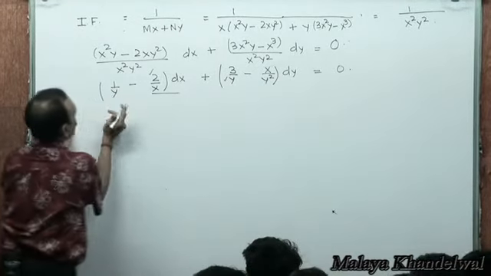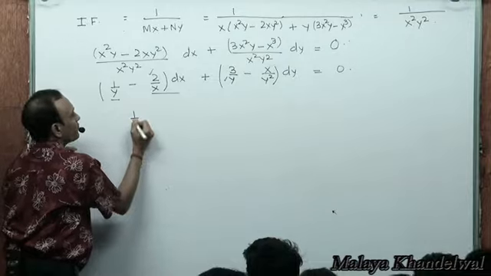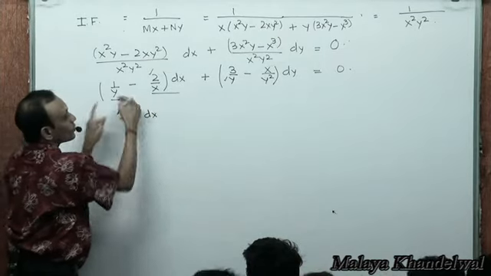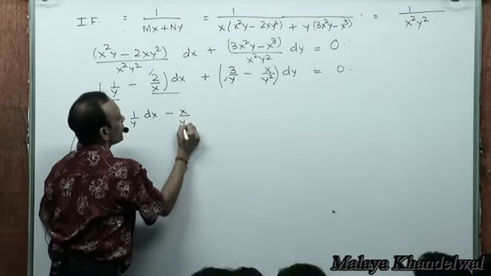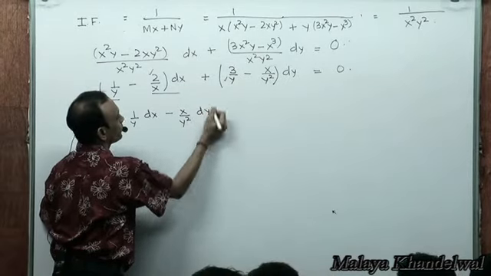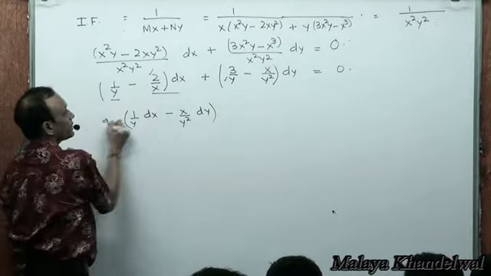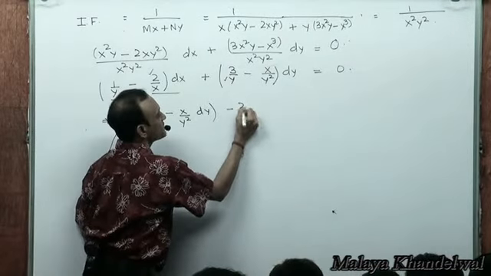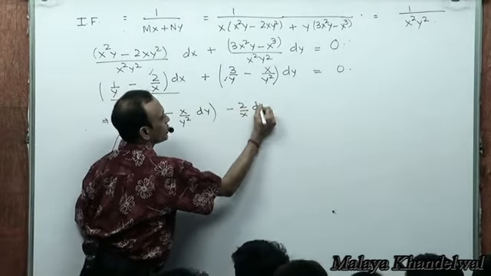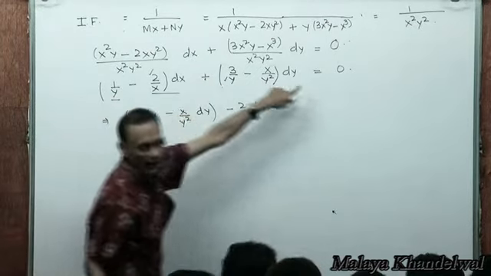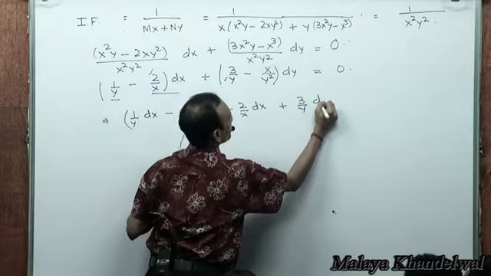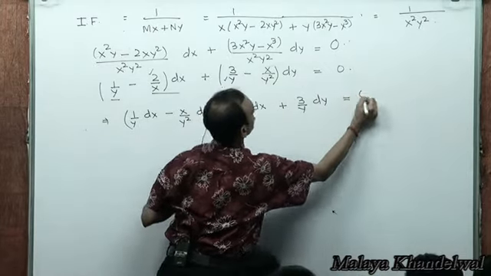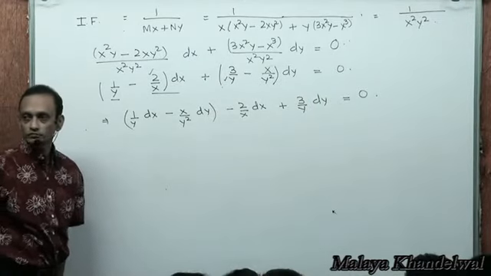Now, let me look at the other two terms. 1 by y dx minus x by y squared dy, right? And this minus 2 by x dx, which anyways is not a problematic term, and 3 by y dy equal to 0, right?